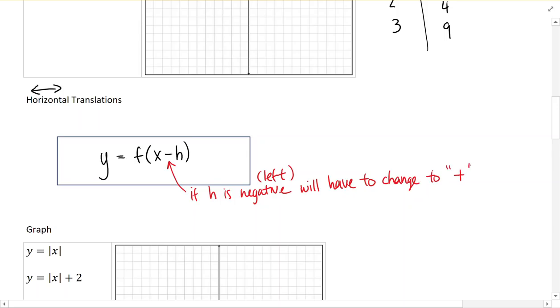That's a plus sign, okay? Because we have minus and h is negative, so minus negative will give you a plus. That's just one thing you have to be mindful of.